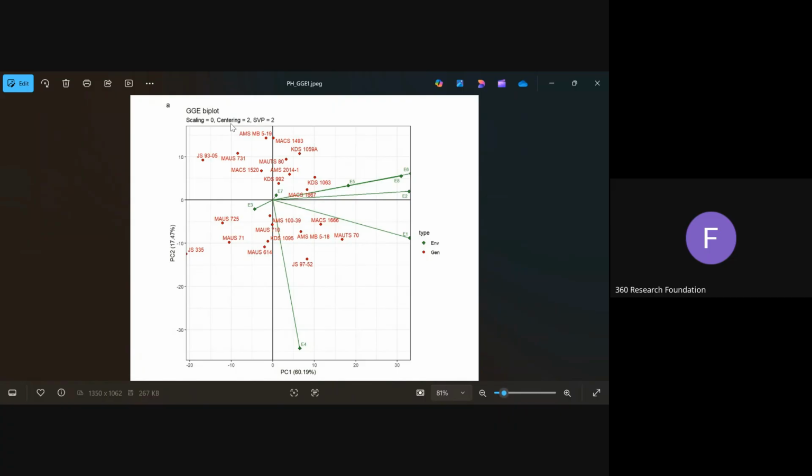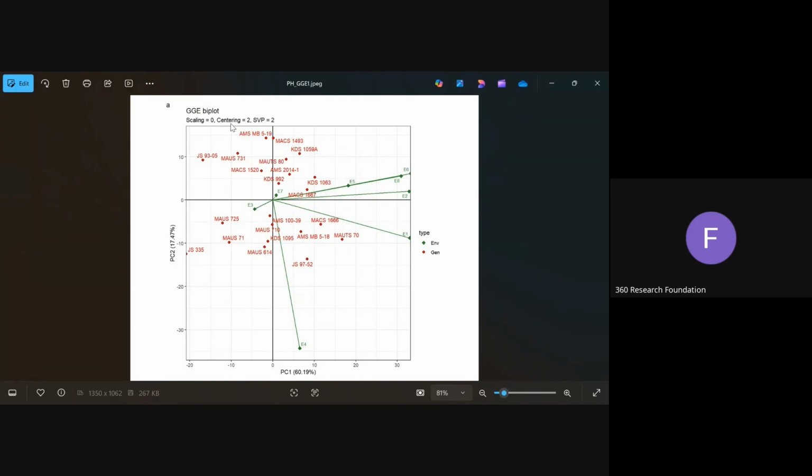How will you interpret it? They are the least stable genotypes across all the environments, but they may be stable with respect to some specific environments. So like that, we need to interpret.